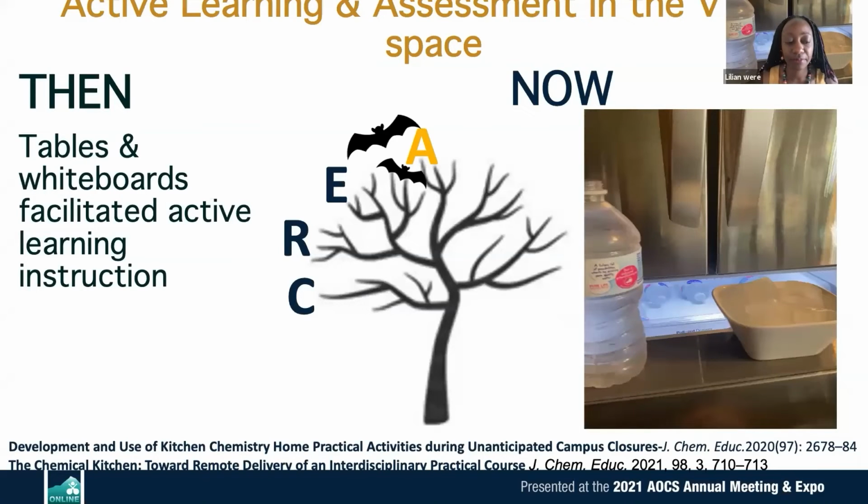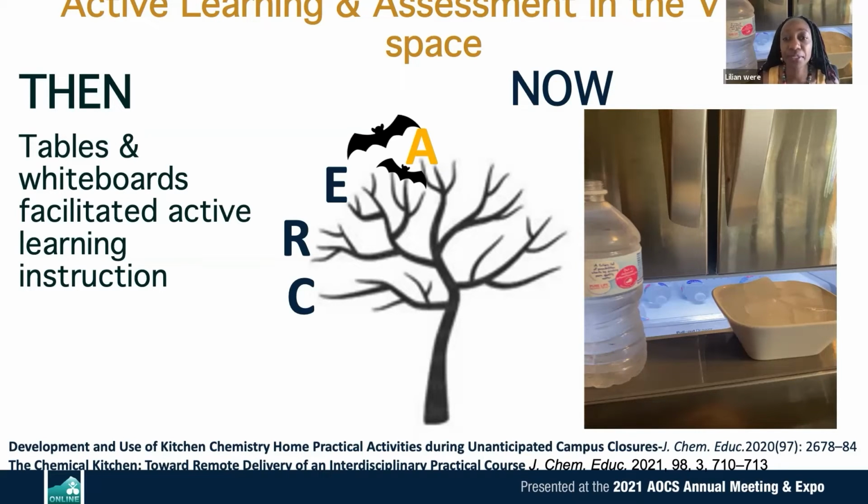Then active learning, and so reconciling, ensuring that students don't think that they're going to be learning by osmosis. So one of those ways has been to transition from the table and the whiteboards that we were doing initially to facilitate active learning, with them using their kitchen as a lab.